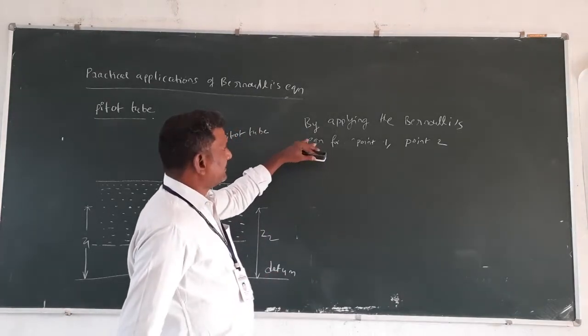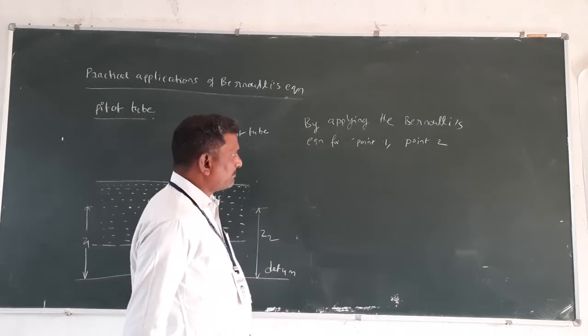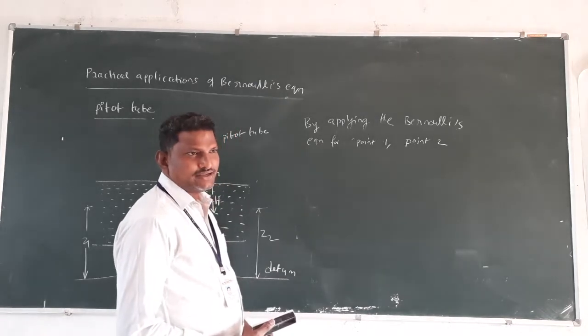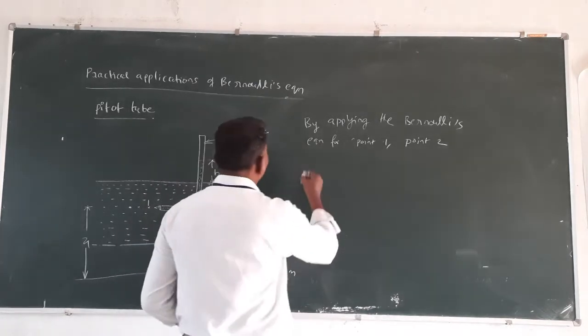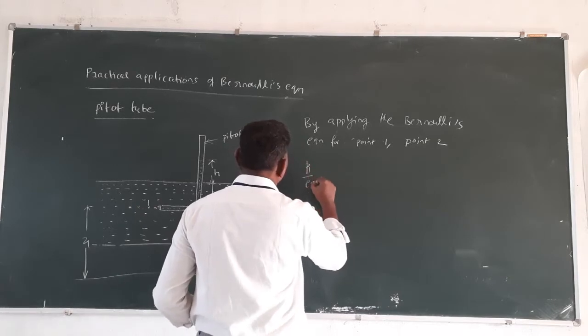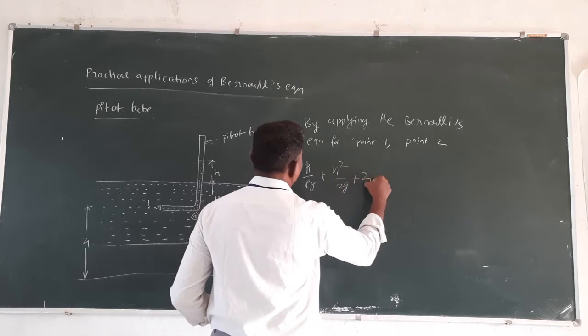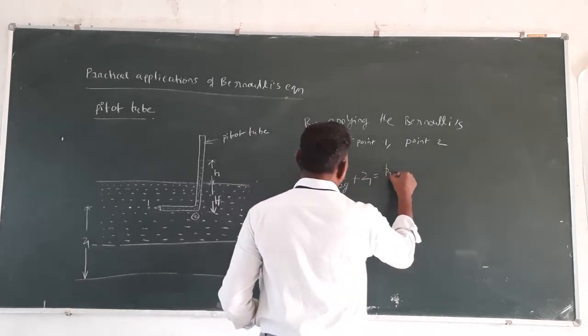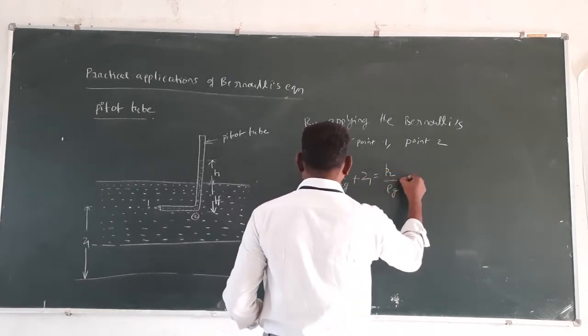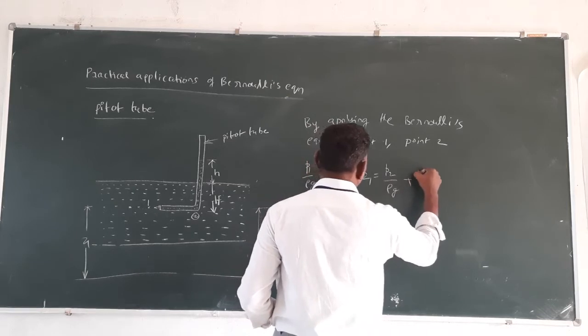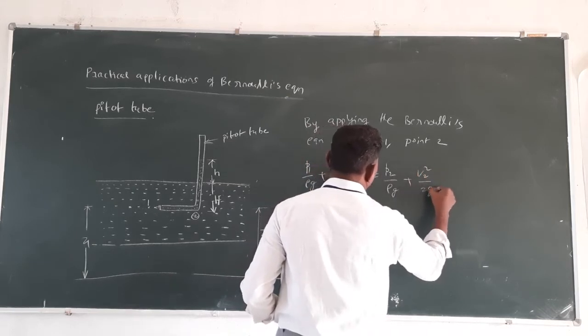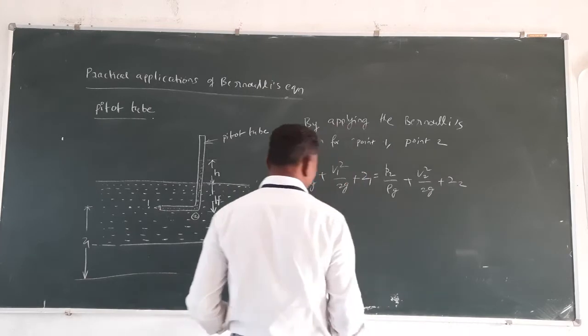P1 by rho g plus V1 square by 2g plus Z1 is equal to P2 by rho g plus V2 square by 2g plus Z2.